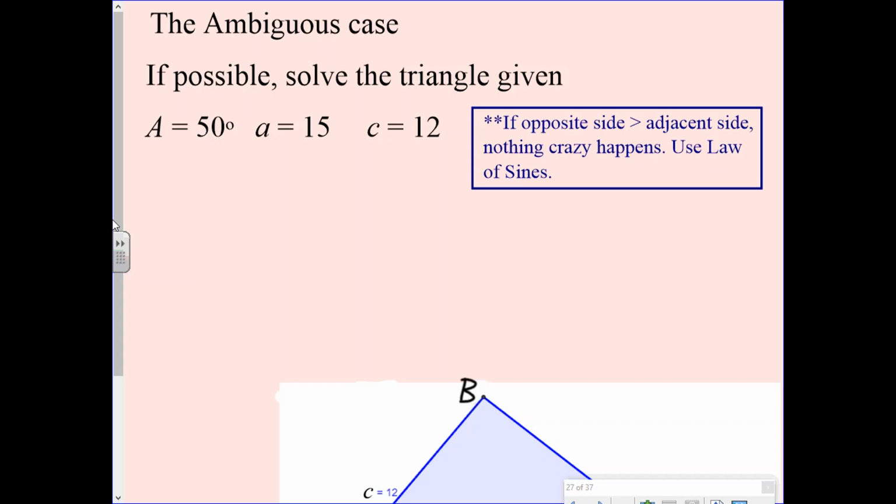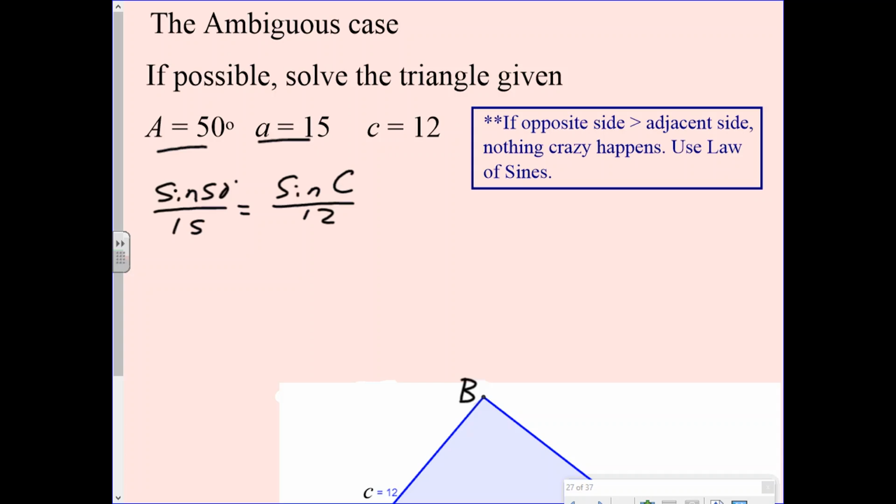So to get angle C, notice we know the whole A pair, right? So we know that sine 50 is to 15 as sine of C is to 12. Now we're going to do the cross multiply and divide thing.